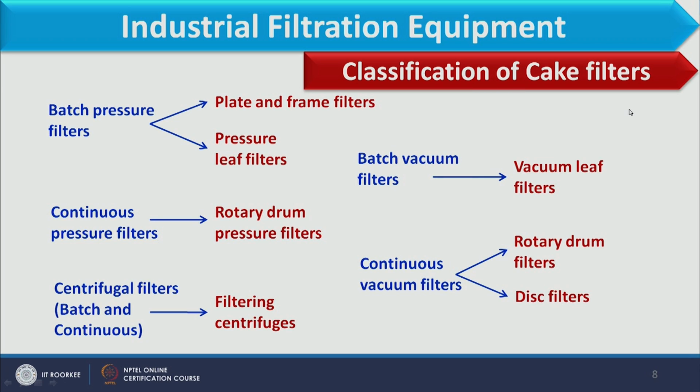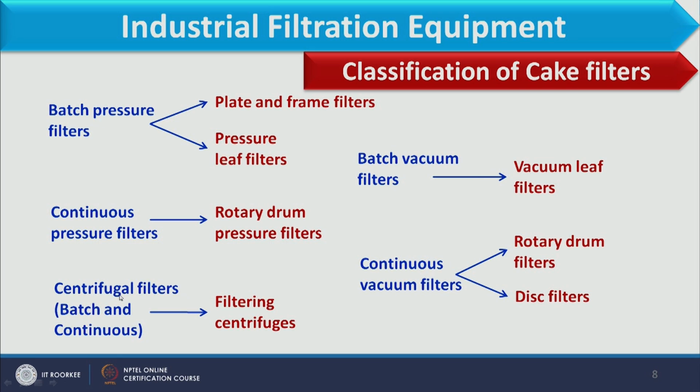So first of all we will speak about classification of cake filters. First we have batch pressure filters. Here we have plate and frame filter press and pressure leaf filters. Batch vacuum filter consists of the vacuum leaf filter, and further in continuous pressure filters we will see rotary drum pressure filters in this category, and in continuous vacuum filters we see rotary drum filters as well as disc filters.